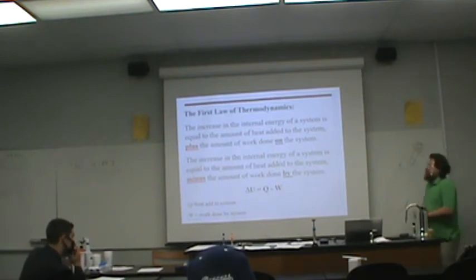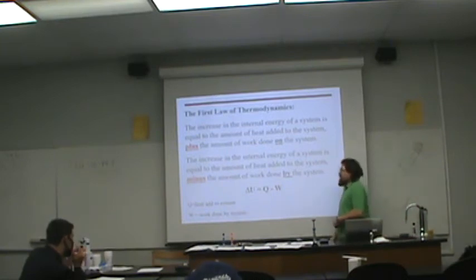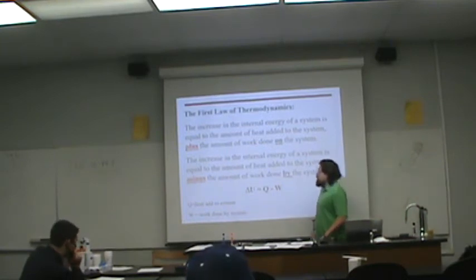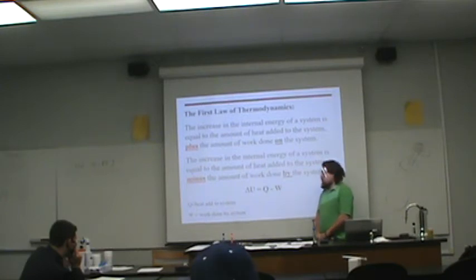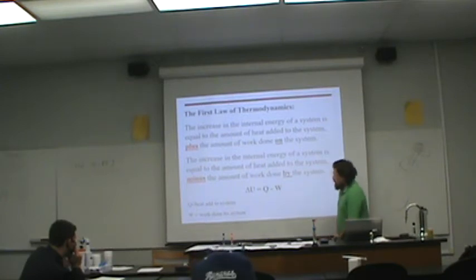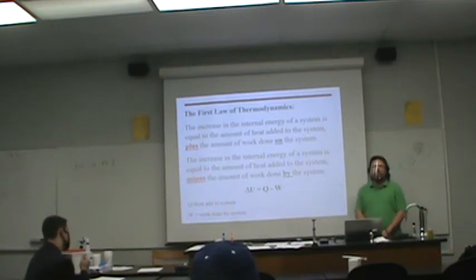The formula we're going to use to represent that is here on the screen. It says that delta U equals Q minus W. Now the U term, I realize it's labeled up here, represents the total internal energy that an object possesses.